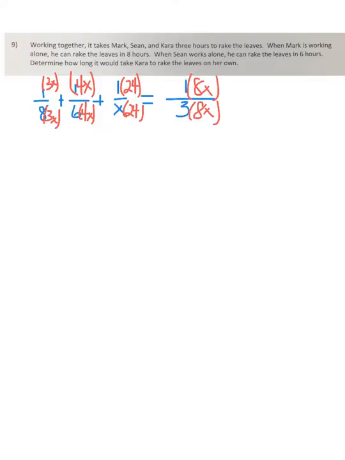Okay, well, we've got a fractional equation, so we can cancel out the denominators. And now let's just rewrite those numerators. Well, all the numerators initially were 1, so 1 times anything is just itself, right? So we really then just have 3x plus 4x plus 24 is equal to 8x.